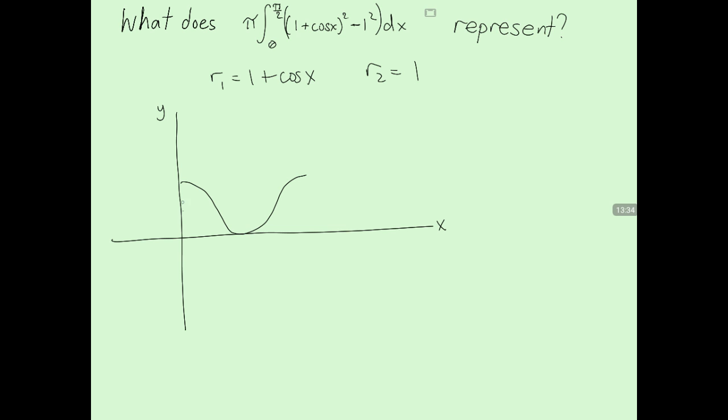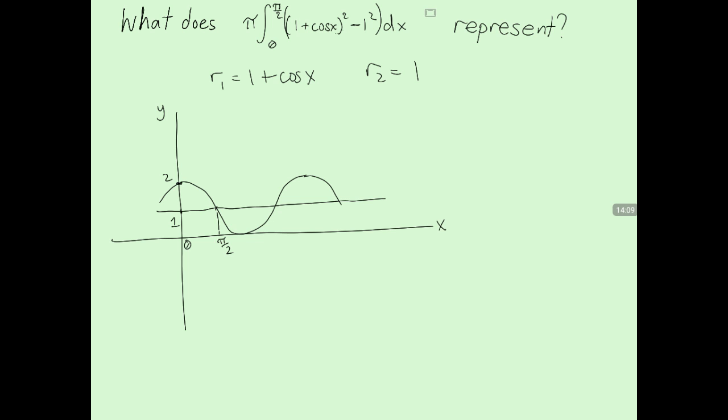And our second function here is going to be the constant function, R2 equals 1. These keep going, but the only thing that we are concerned with right now, this intersects the y-axis at 2. This line intersects the y-axis at 1. What we are concerned with is the things that happen between x equals 0 and x equals pi over 2.